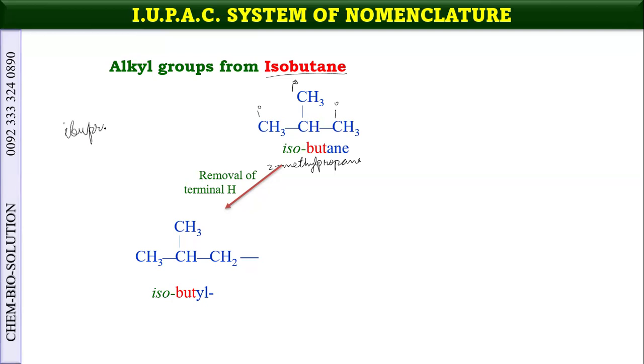Ibuprofen is the name of the analgesic. Why is it called ibu? Ibu is actually isobutyl. There is an isobutyl group in its structure. Anyway, isobutyl is the prefix that we will use in organic chemistry.